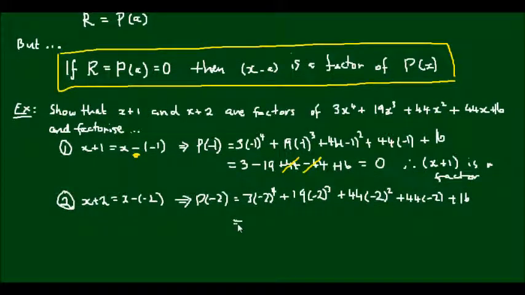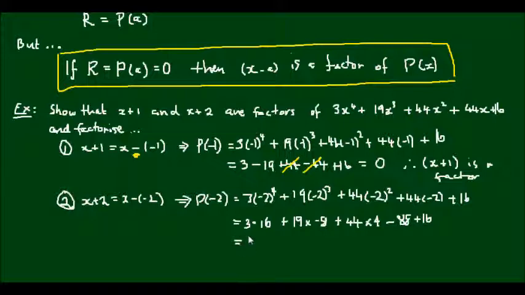And this will be a little bit more tedious to work out. Negative 2 to the fourth is going to be 16, plus 19 times negative 2 cubed, which is 19 times negative 8, plus 44 times negative 2 squared, so that's 44 times 4, plus 44 times negative 2, that is negative 88, plus 16.